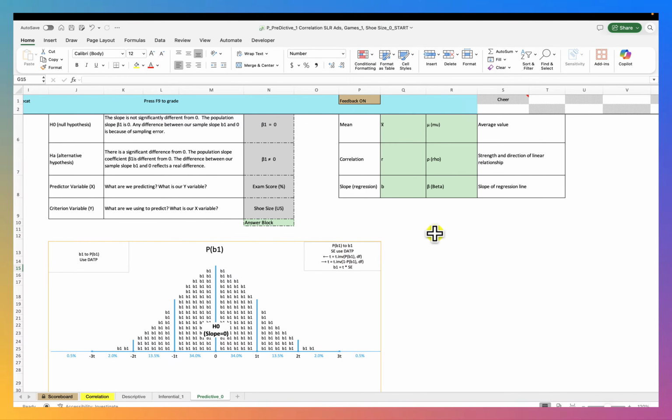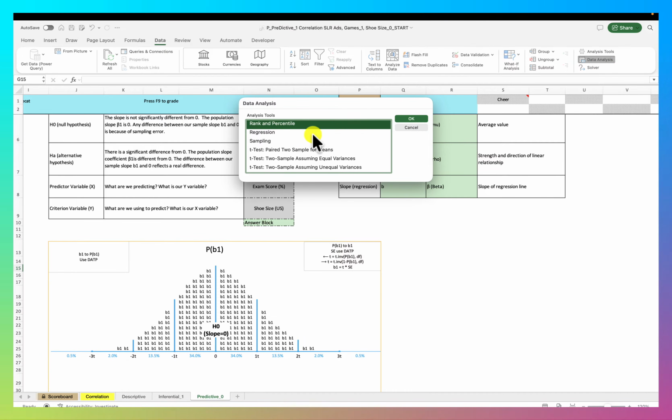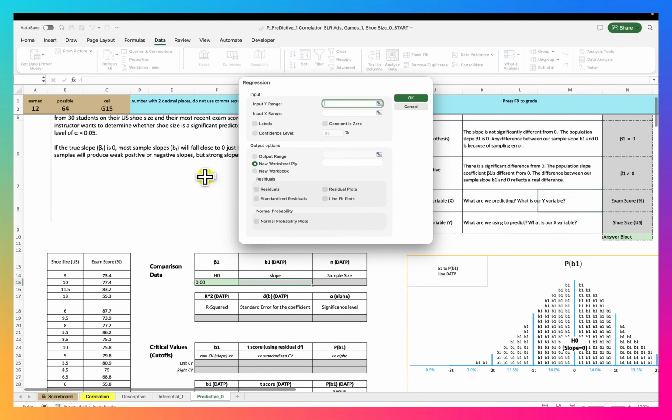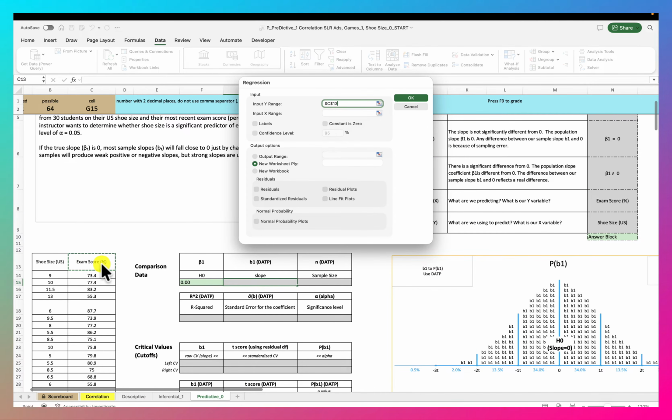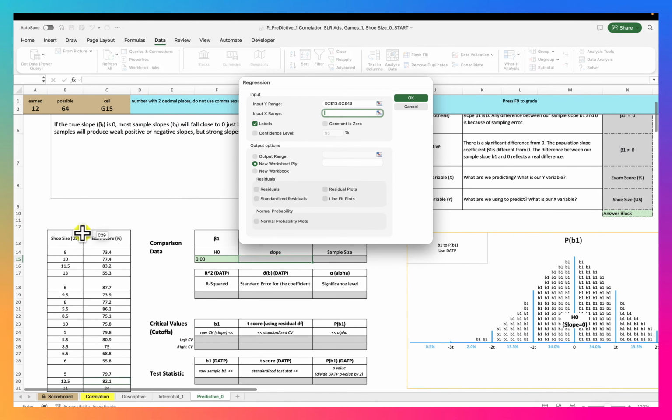Okay. So we go to data analysis, regression. The Y is what's being predicted, which is exam score, including the heading. Why the heading? Because I'm going to check this box for labels. And the X range is the shoe size.